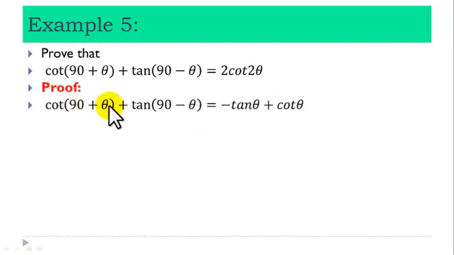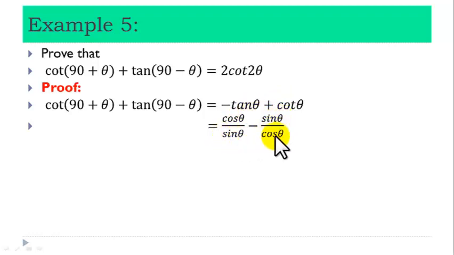Cot(90 plus theta) plus tan(90 minus theta) is equal to, we had earlier shown that cot(90 plus theta) is equal to minus tan theta, and also tan(90 minus theta) is equal to cot theta. So this is equal to cot theta, which is cos theta over sin theta, minus tan theta, which is sin theta all over cos theta.